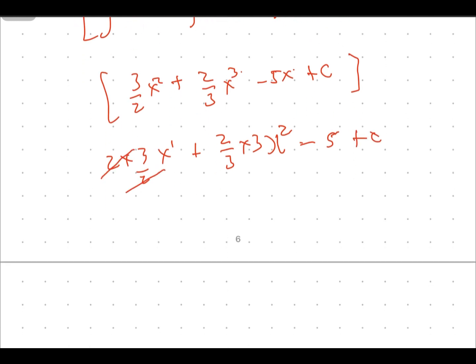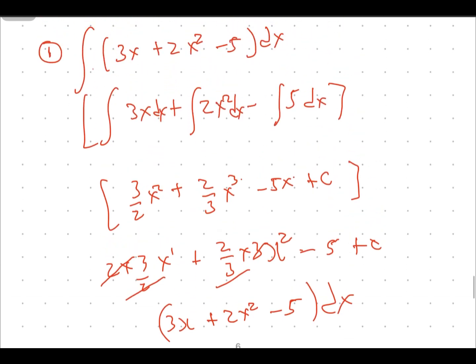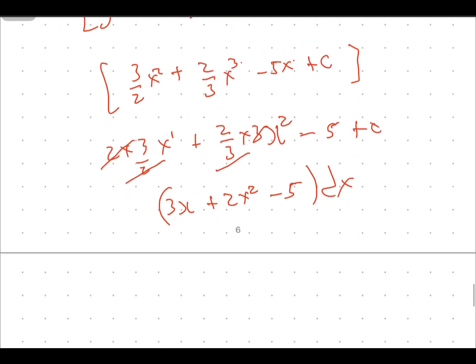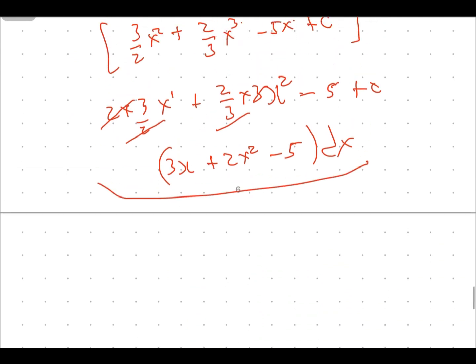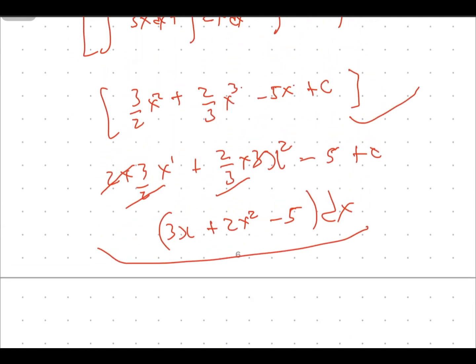Now this will cancel this, this will cancel this, and we get 3x plus 2x squared minus 5, all dx. So this is the original function that I gave you, confirming our answer that whatever we got here was correct. So thank you for watching and see you in my next video.